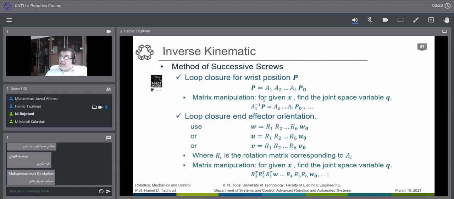And then, having this equation in mind, find the inverse of one of them and bring it to the left-hand side to separate the equation in a way that can be solved further by the manipulation we gave in the previous section. The manipulation that we can use is no different whether you are using the screw method or the Denavit-Hartenberg method.